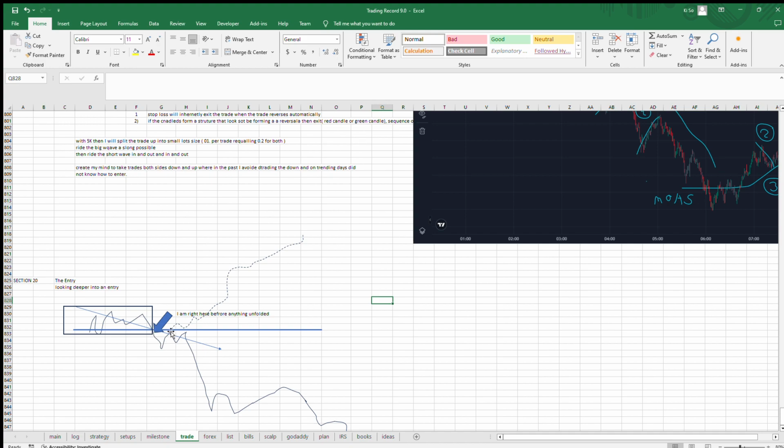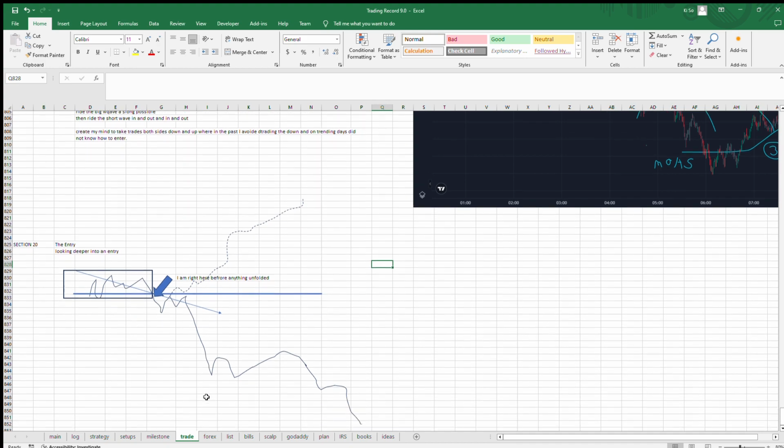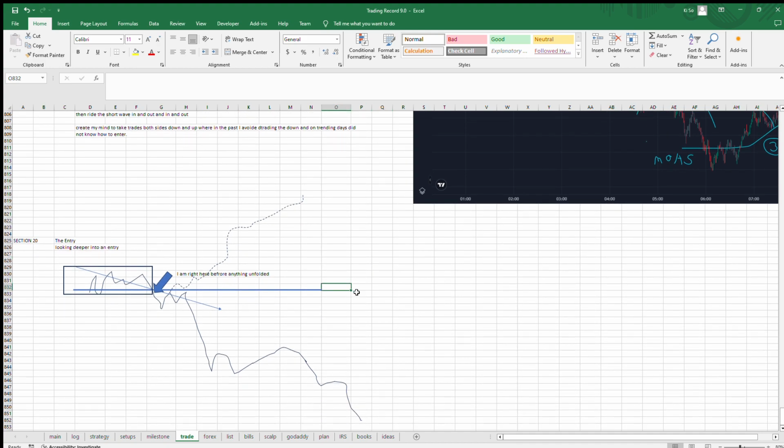So had I gotten in here, I would have had to absorb these double tops and then wait for it to drop. Then I need to look at this. This would be resistance. I need to understand where that resistance is. Then I know that here is going to be where a support is.